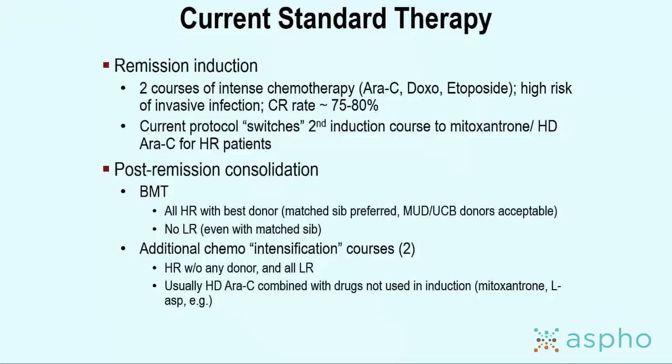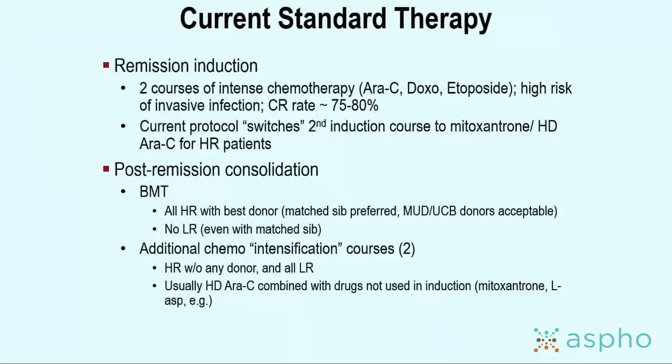Okay, post-remission consolidation is very different in AML than ALL. Bone marrow transplant is used in first remission much, much more commonly in AML than in ALL. The typical approach is for all high-risk patients to be offered bone marrow transplant in first remission. Remember, that's the traditional high-risk patients based on genetic abnormalities plus the MRD positive intermediate risk patients, typically with the best donor.